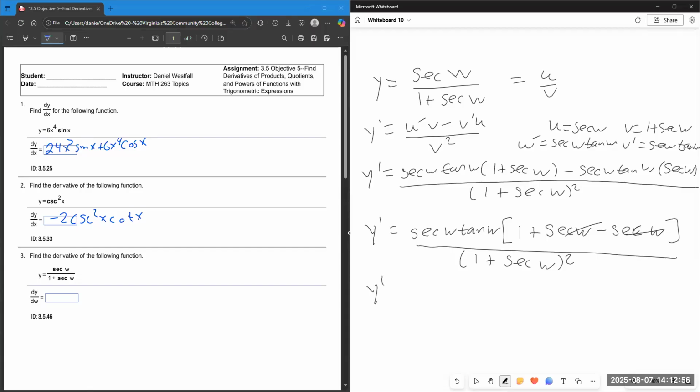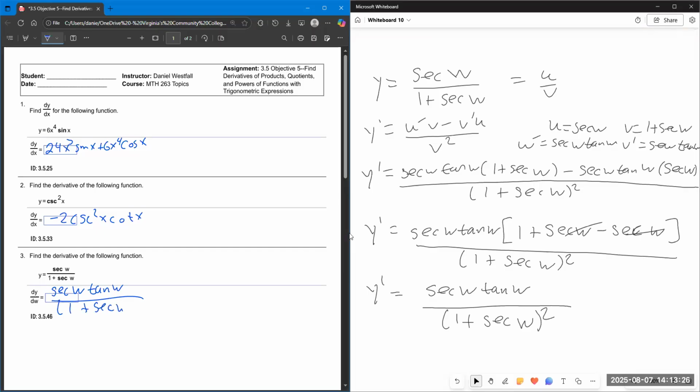That's going to give me secant w tangent w times 1, which is secant w tangent w, over 1 plus secant w quantity squared, like so. And there's no advantage to squaring that, so I'm going to leave that alone. Secant w tangent w over quantity 1 plus secant w quantity squared.